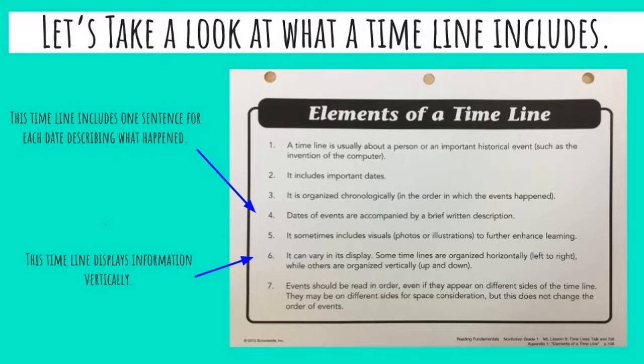Another example of the elements that we had in our timeline was that it can vary in display. Our timeline was in a vertical format, meaning up and down. It started with the date in 1904 and then continued to go down in a vertical organization.